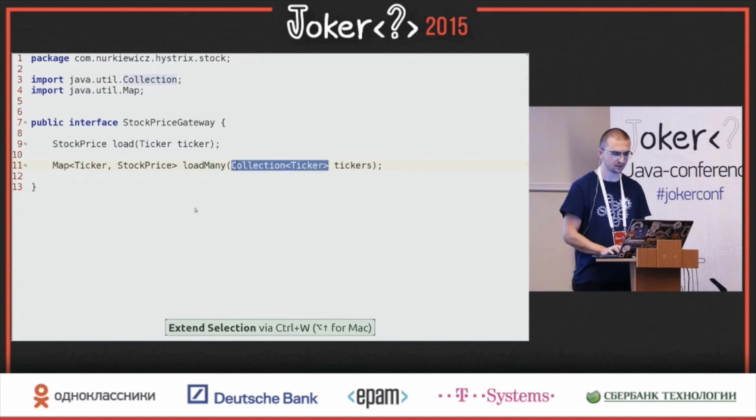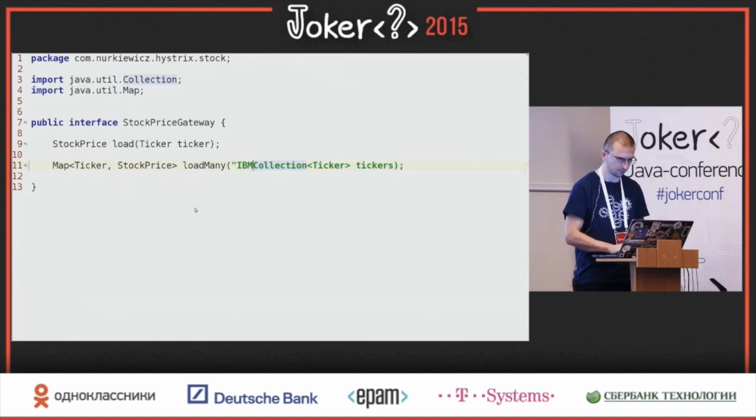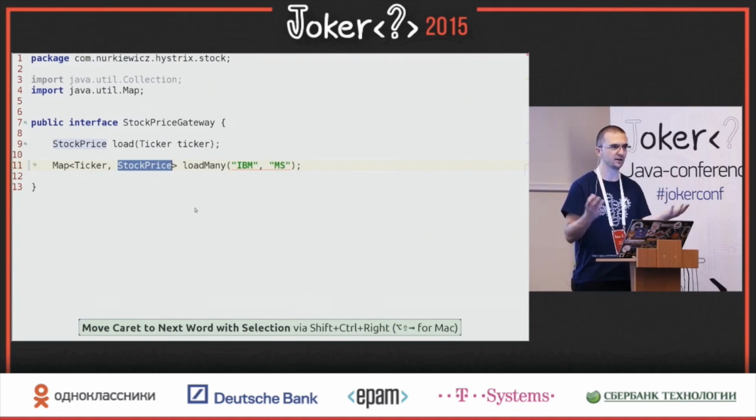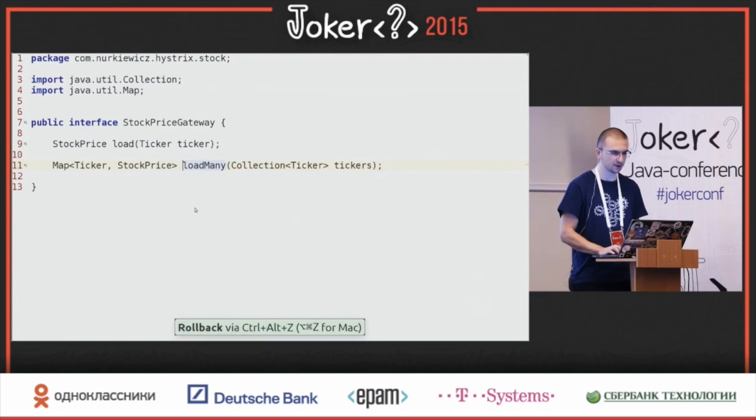And this one takes a collection of stocks, so it asks for IBM, comma, Microsoft, comma, something in pseudocode. And what it gets in return is a map from a stock name to a stock price. So this is just a way of batching multiple small requests into a single big one. So it's like asking a database for multiple IDs rather than asking one ID at a time. Clear so far?